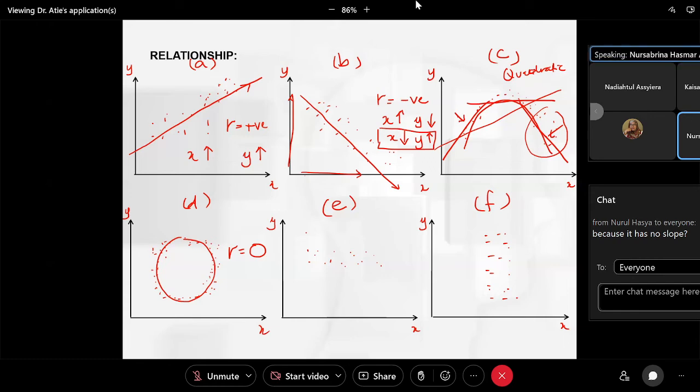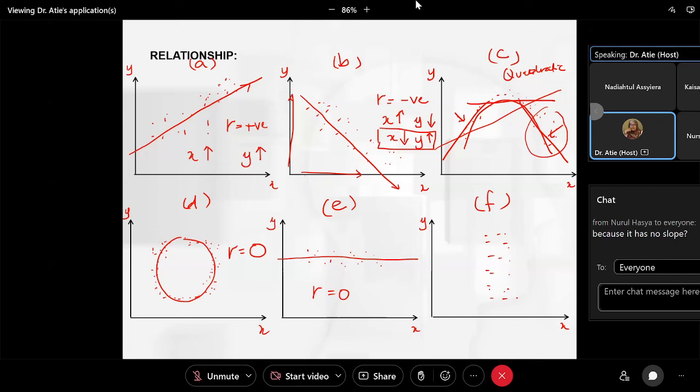Like it does not have a slope. Yeah, okay, that's the right answer. That's why I wanted to hear. So in E, there's no slope. If we draw a line, it's just a horizontal line. So there is no slope, therefore there is no relationship. Correct. Okay, thank you, Sabrina.